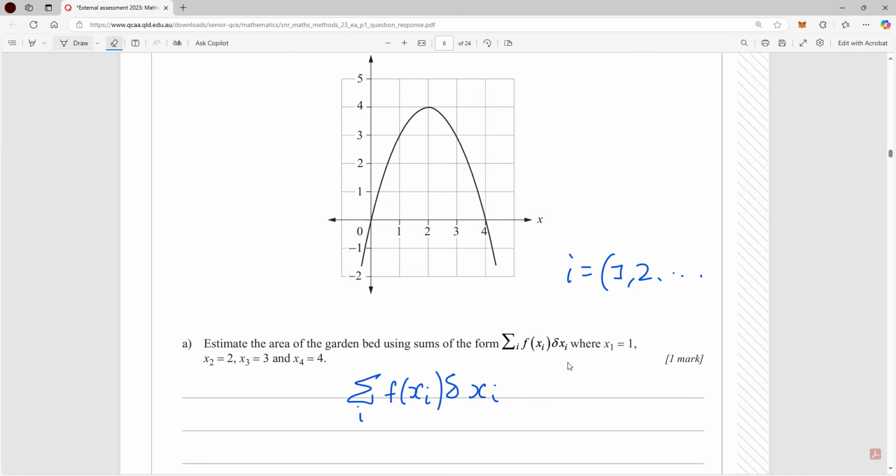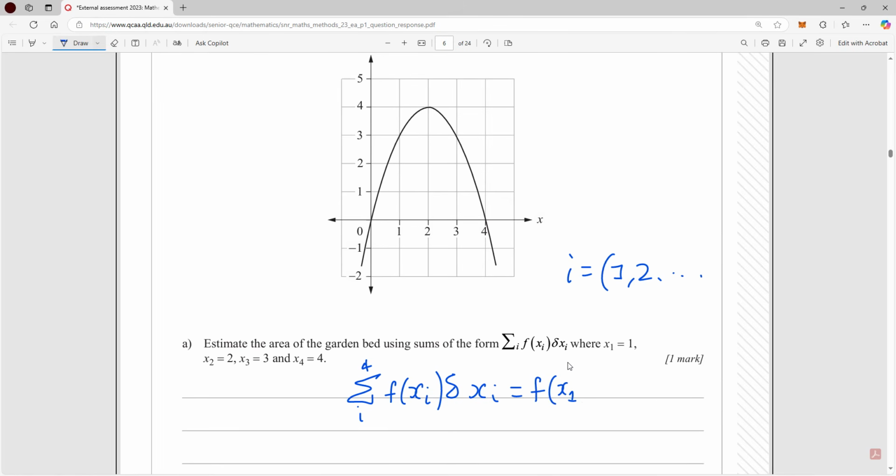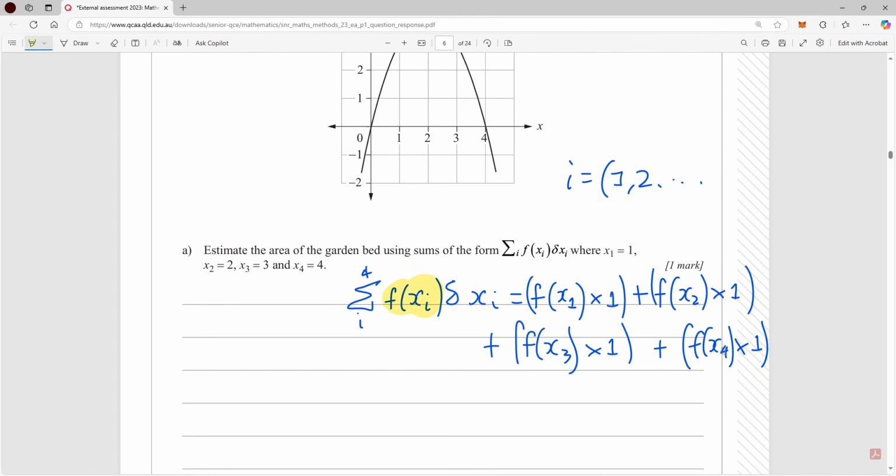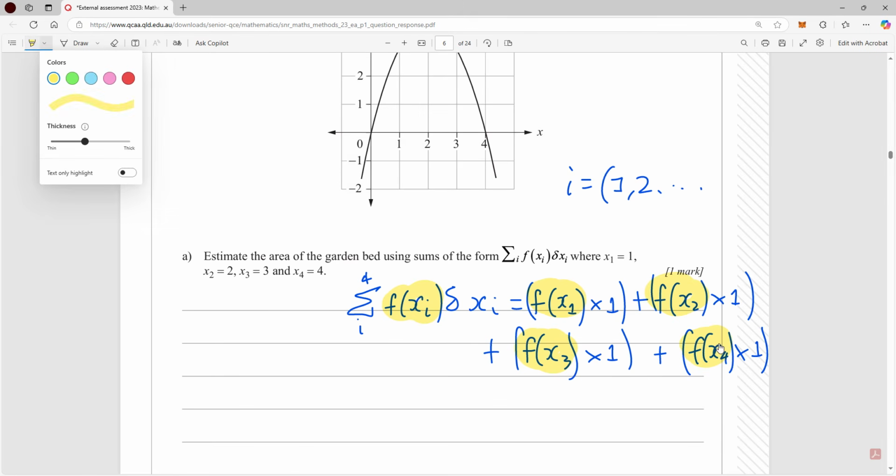What this actually means is, alright, we'll go up to 4. So we're going to go f of x1 times by 1, plus f of x2 times by 1, plus f of x3 times by 1, plus f of x4 times by 1, where this represents each of these respectively, and the 1 for each of them represents this little change in x, okay?